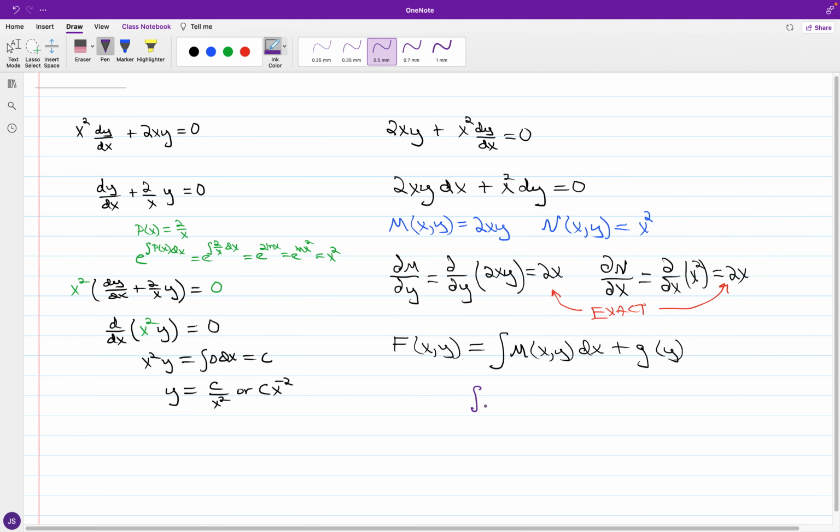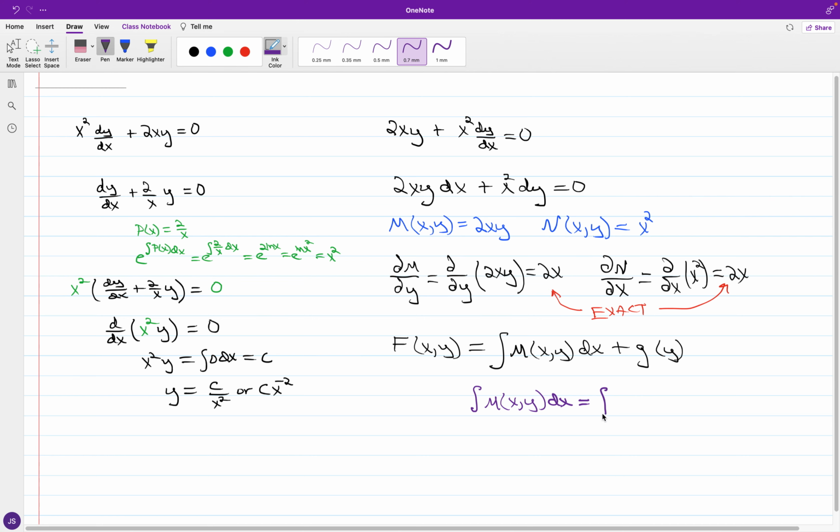And for the integral of m of x and y, you have m of x and y is equal to 2xy dx.